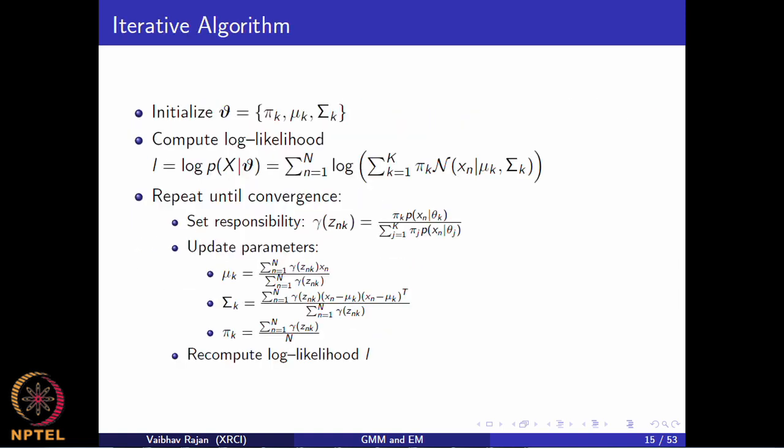And then we designed an iterative algorithm that essentially guesses the parameters first and computes these responsibilities, and then refines the guess in each iteration. Later we saw that this actually is the EM algorithm for Gaussian mixture models.